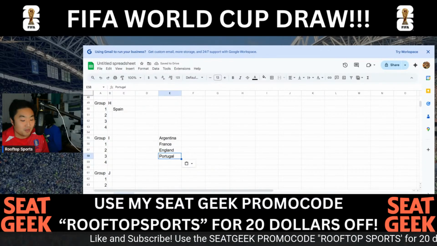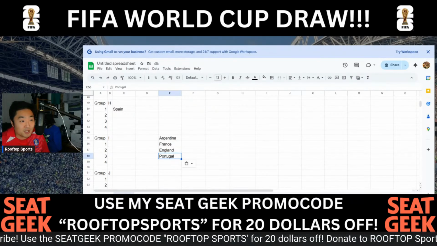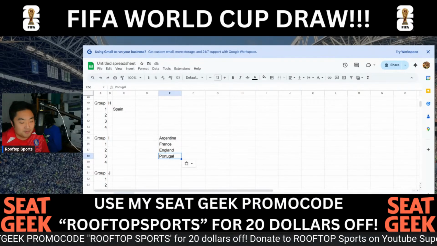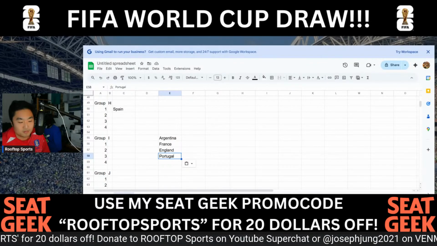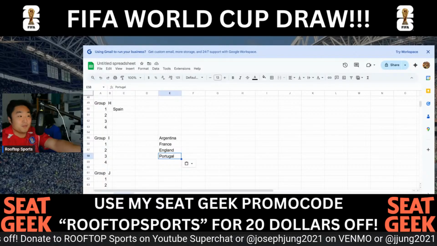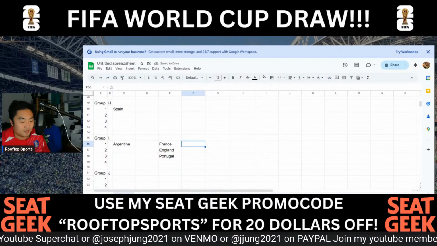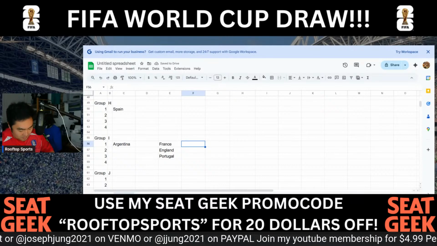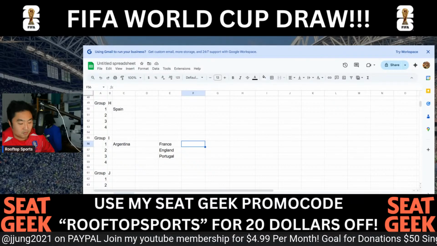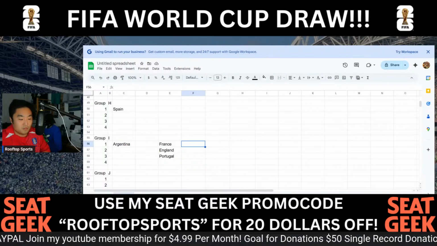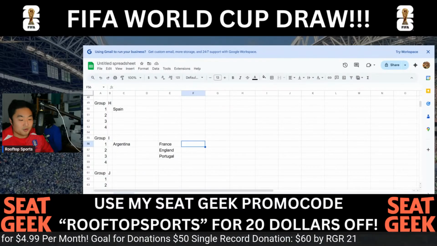3 of those 4 teams have won the World Cup. I think France will get it. Argentina is now going to Group I. Next can be France, England, and Portugal.